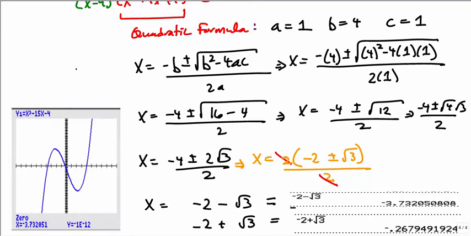So it looks like this negative 3.73205 is this point right here. That matches exactly minus 2 minus square root of 3. This approximation matches this one over here. So you can check your answers even though your solution is in terms of a square root. You can check with a decimal approximation.